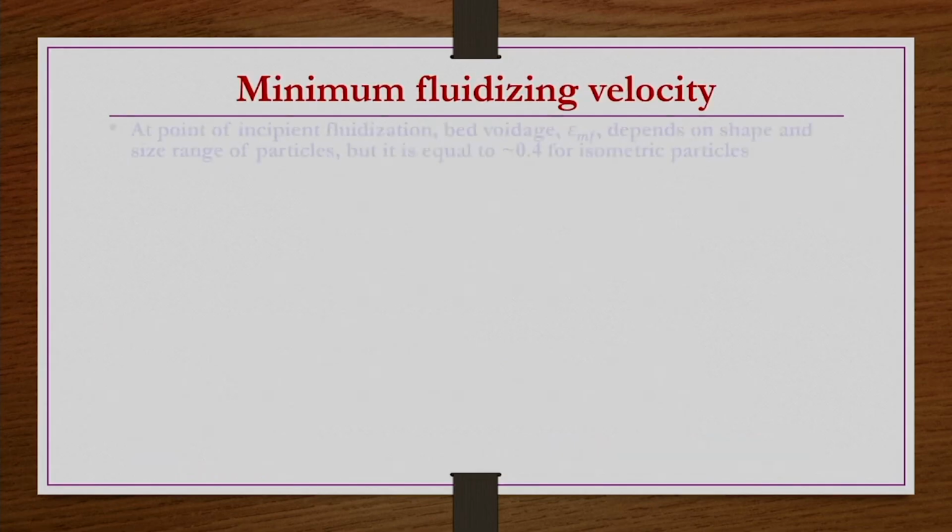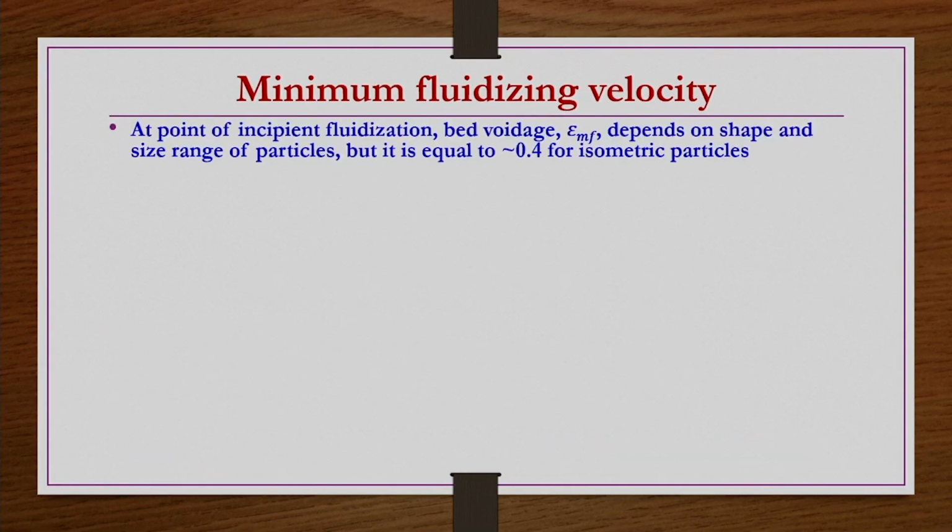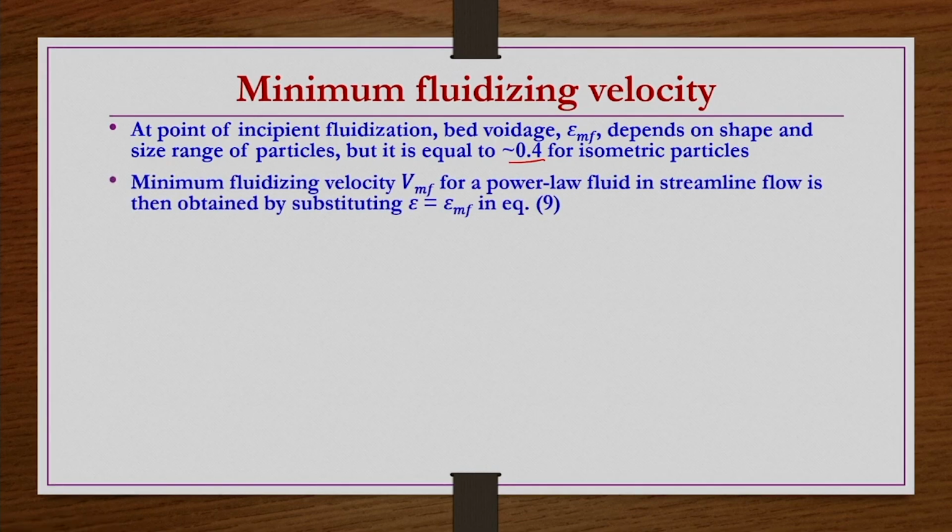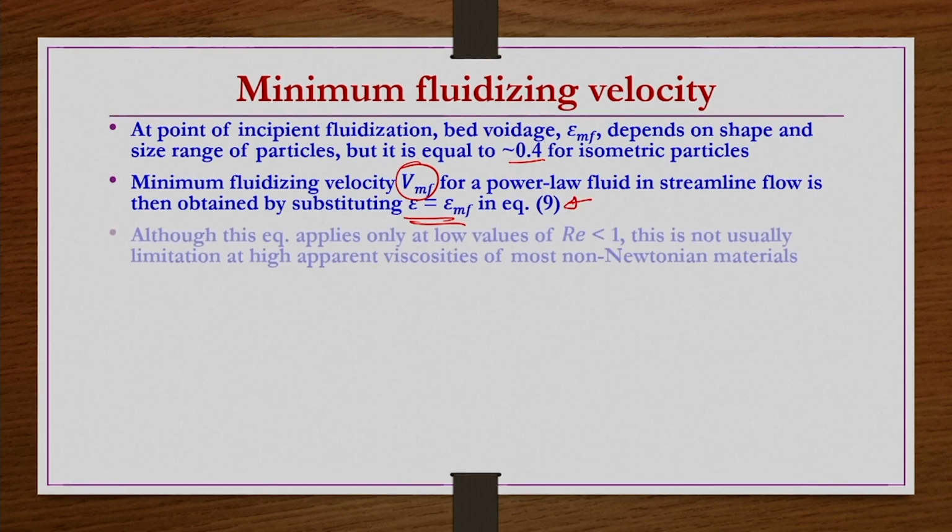Then how do these equations change? The bed voidage epsilon mf at the point of incipient fluidization depends on the shape and size range of particles, but it is approximately 0.4 for isometric particles in general. The minimum fluidization velocity Vmf for a power law fluid in streamline flow can be obtained by substituting epsilon equals epsilon mf in equation number 9 in the previous slide.